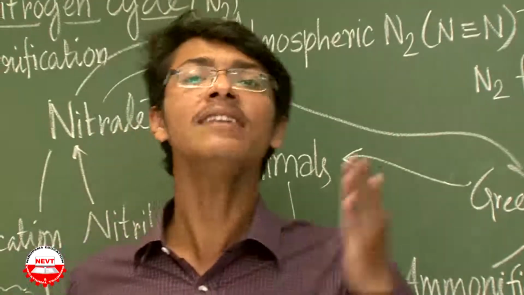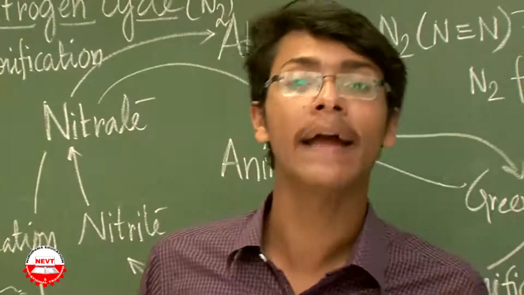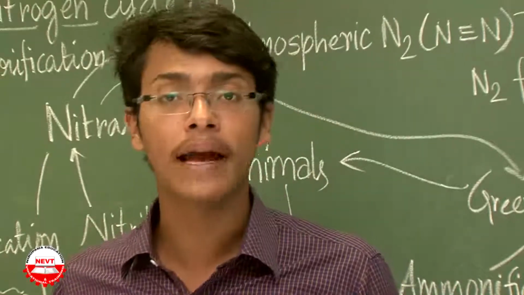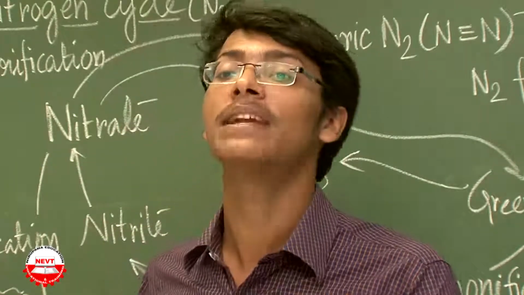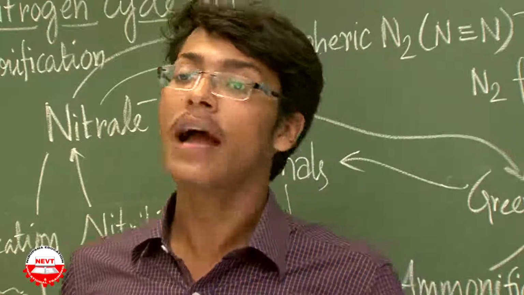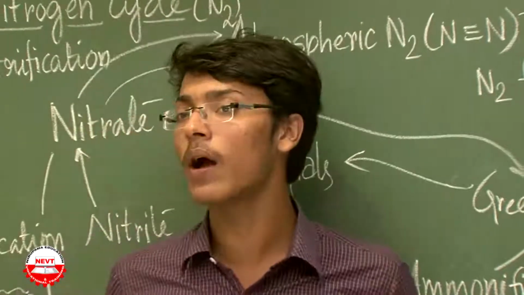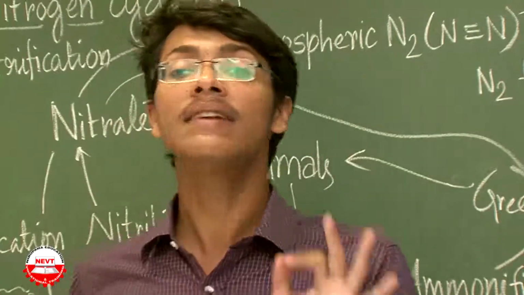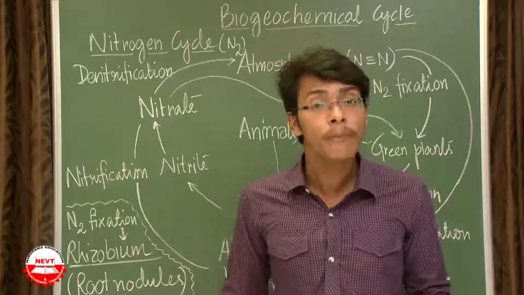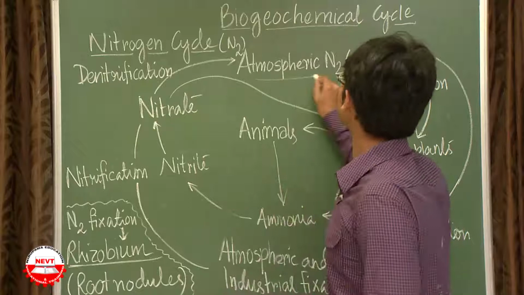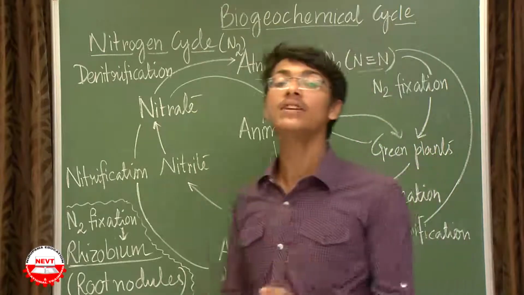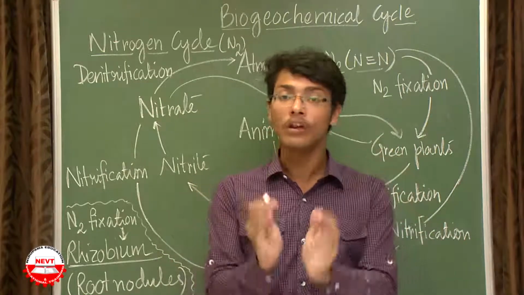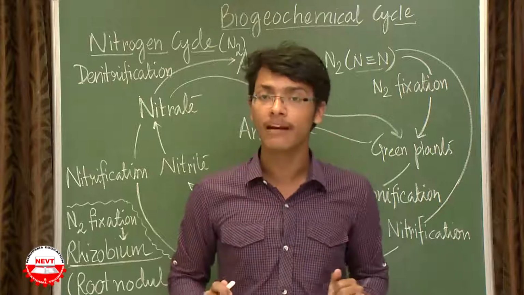So in various ways, we require nitrogen. Plants require nitrogen for all their metabolic processes. So nitrogen is an urgent requirement for all living organisms. But the problem arises that we cannot use this atmospheric nitrogen, which is a very stable molecule. It is difficult to break.